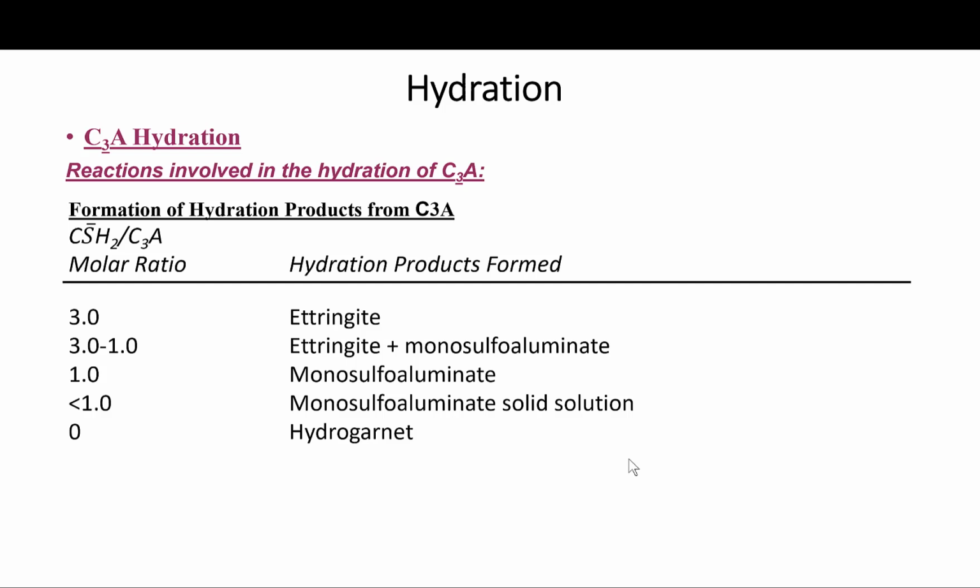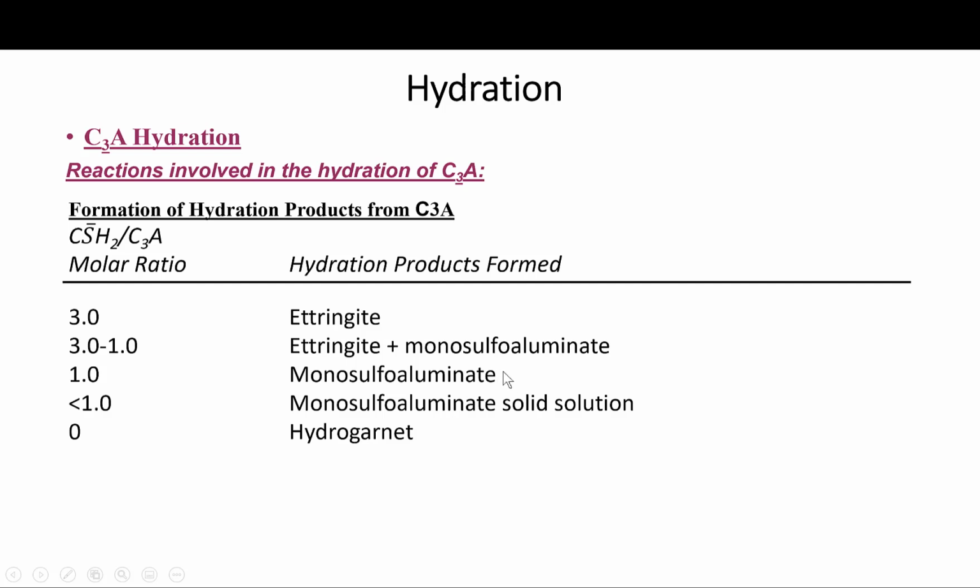So again, this slide shows the reactions involved in the hydration of C3A, the formation of the hydration products, and what I just said about the molar ratio between the sulfate and the tricalcium aluminate. What happens in each scenario? If the ratio is about 3, we get ettringite. Between 3 and 1, we get ettringite and monosulfoaluminate. At 1, we get monosulfoaluminate.